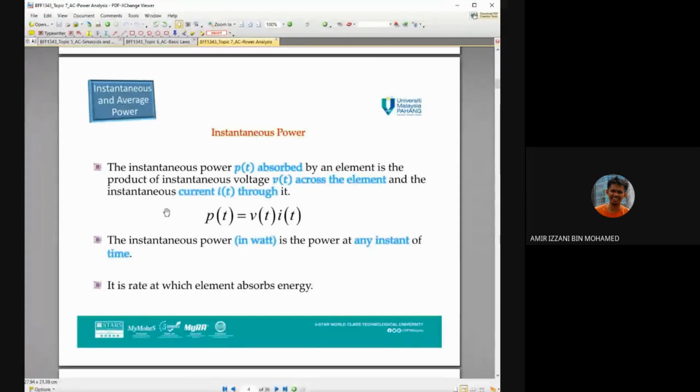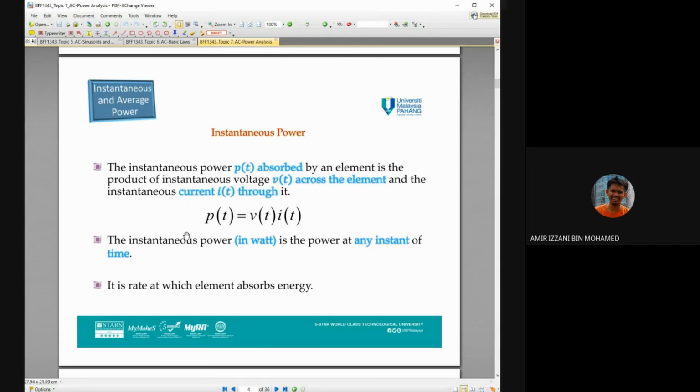Okay, firstly, let's take a look at the instantaneous power. What is the meaning of instantaneous power? As written here, the instantaneous power is written as p of t, absorbed. Power absorbed by an element is the product of instantaneous voltage, v(t), across the element and the instantaneous current, i(t), across it.